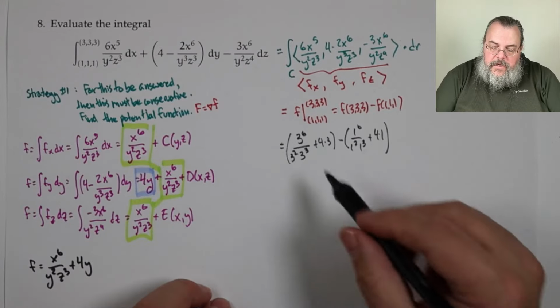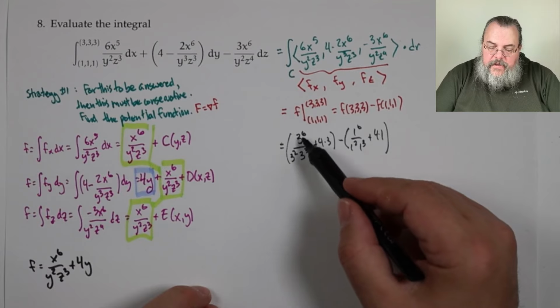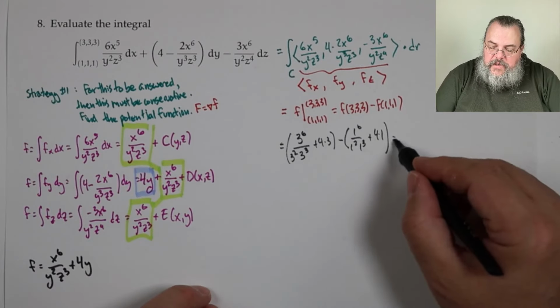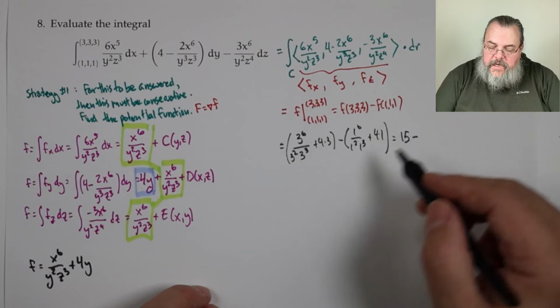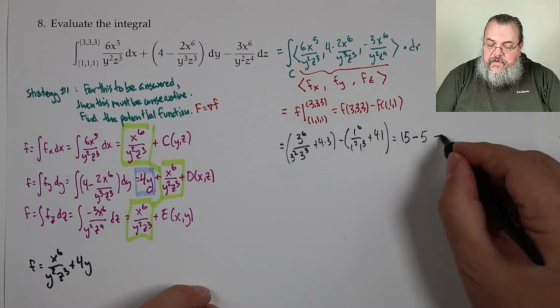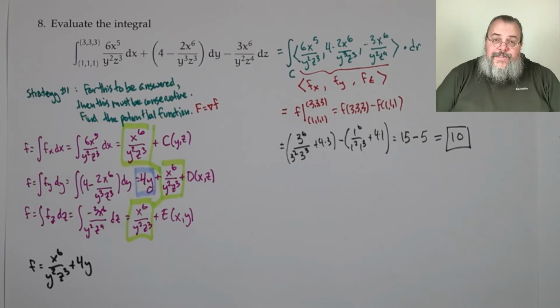And if we do that, well, here we get 3 squared, 3 cubed, that's 3 to the 5th. 3 to the 6th divided by 3 to the 5th is 3. 3 plus 12 is 15. Subtract 1 plus 4 is 5. That gives us a final answer of 10. And so the answer is 10.